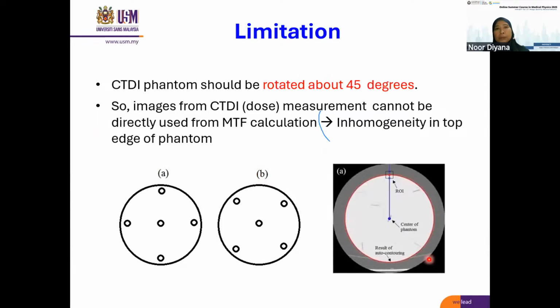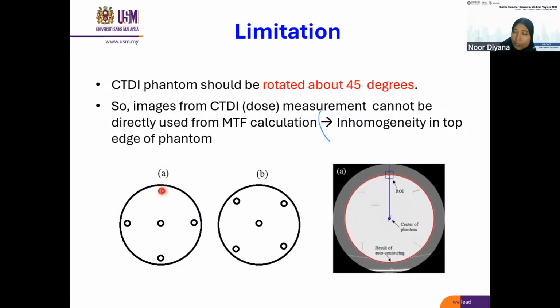The limitation of the MTF: for example, if you use this phantom, it should be rotated, because it cannot be directly used for MTF due to inhomogeneity in this part.